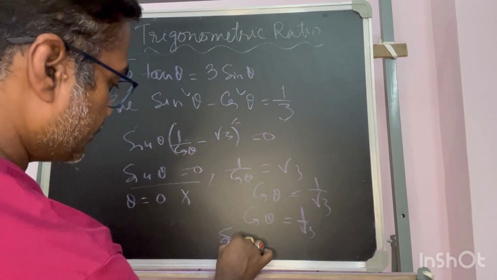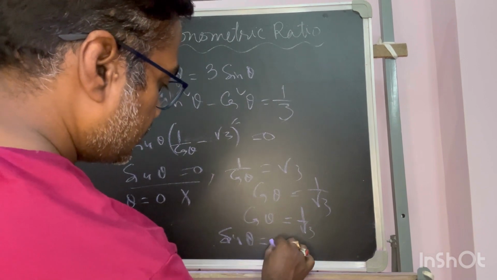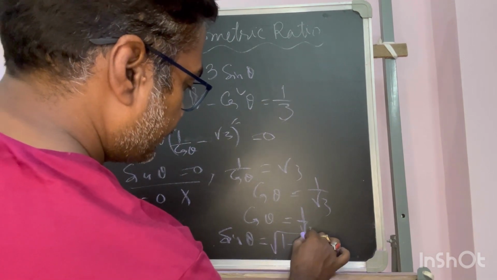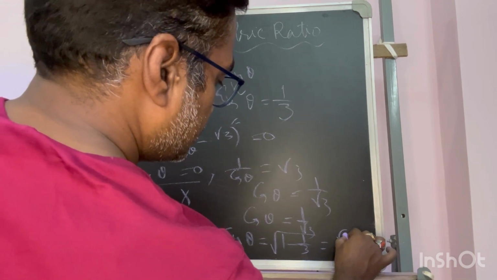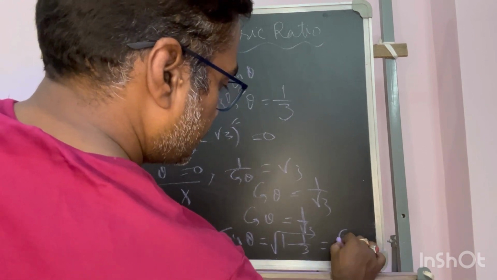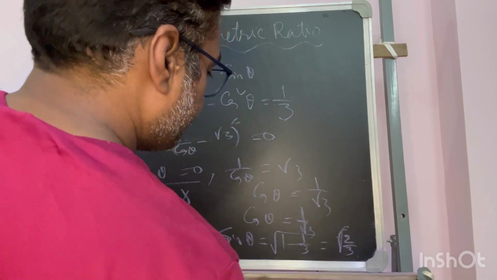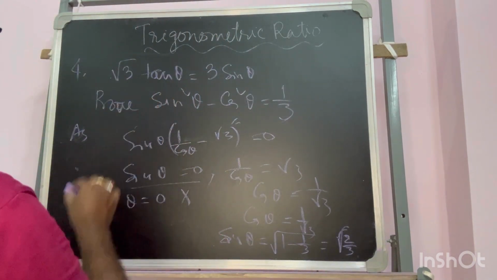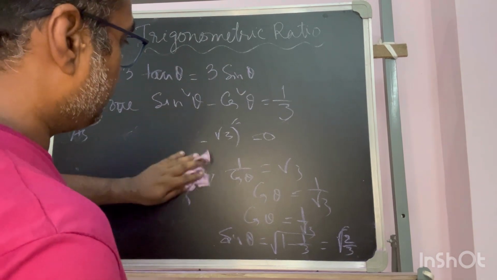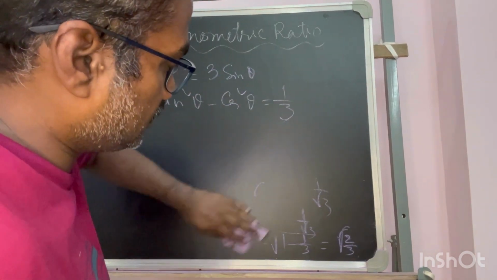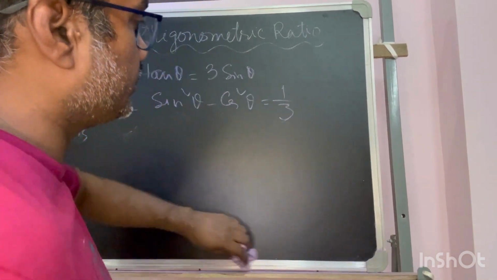So if it is 1 by root 3, what is sin theta? It is the root of 1 minus 1 by 3, so this will become root 2 by root 3. So cos theta is equal to 1 by root 3, sin theta is equal to root 2 by root 3.